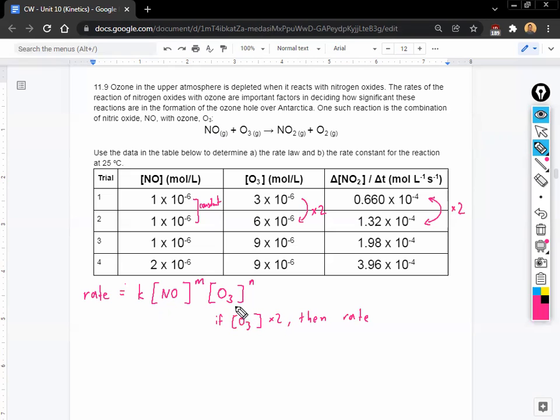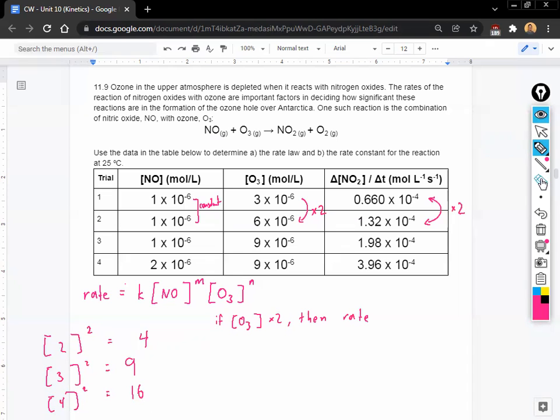Okay, so let's think back to our exponents. Let's say, for example, our concentration of O3 is 2. If I double it, what happens? It goes to 4, right? But let's say it's 3 and I double it, what does it go to? 9. And if I go to 4, it becomes 16.